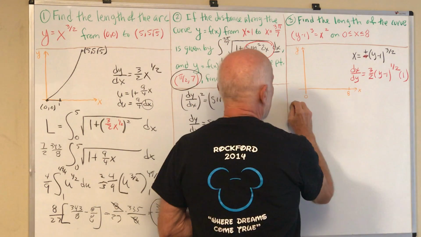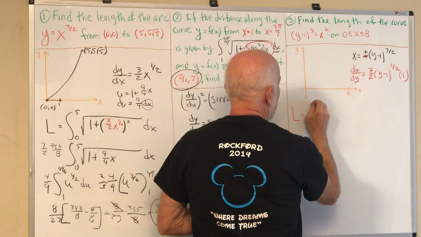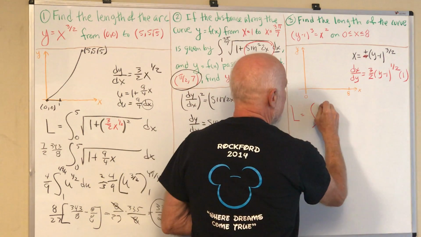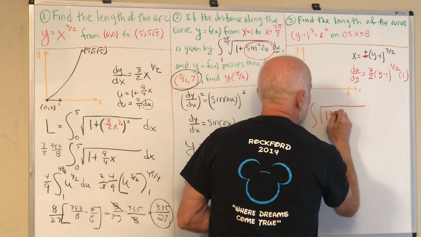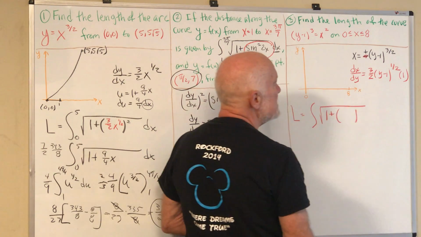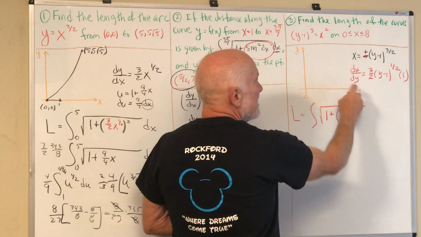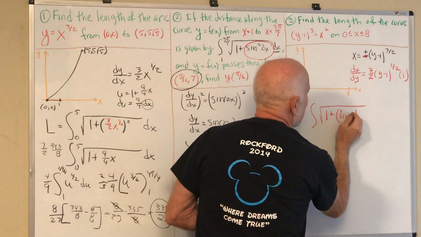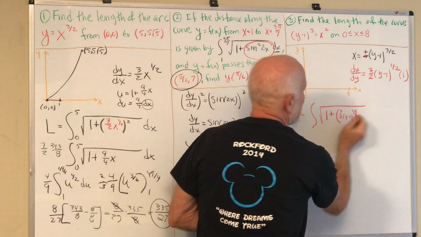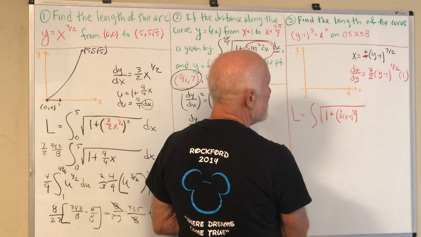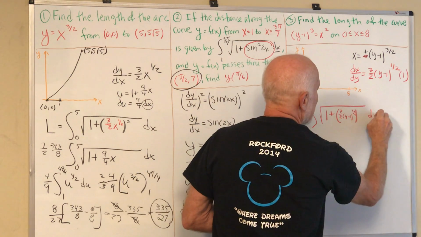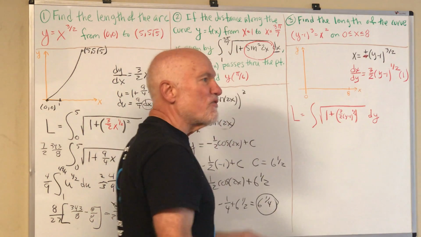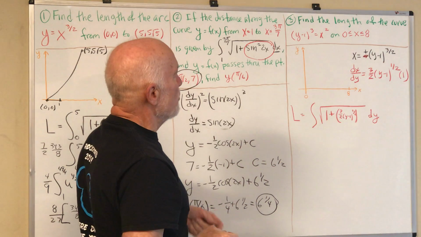And now we say the length is the integral of the square root of 1 plus, now I have to go dx/dy. So it's 3/2 times (y minus 1) to the 1/2, squared. But now it's going to be dy. So I can't go from 0 to 8. Those are x values. So what do I have to do?